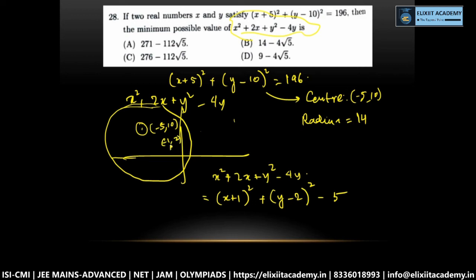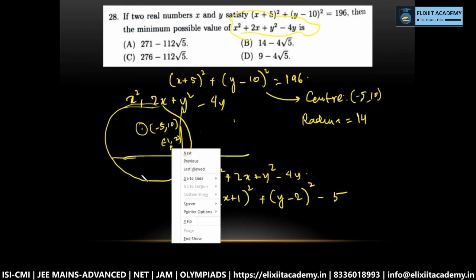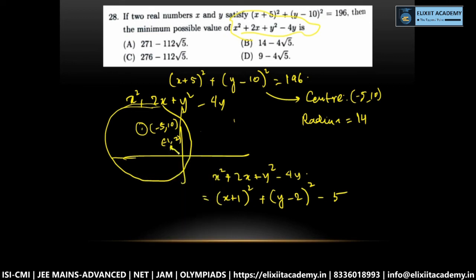So you are asked to find the shortest distance of this point from the circle. You can join this. Okay.